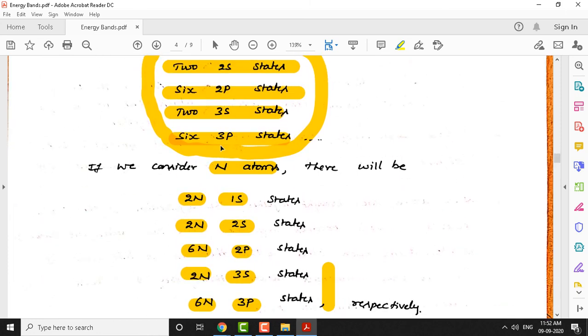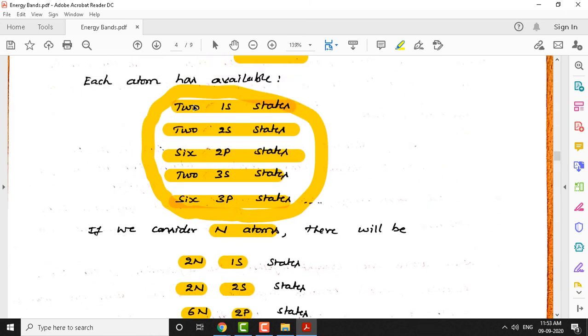For an individual atom, 1s can hold 2 electrons. For n atoms, 1s can hold 2n electrons.